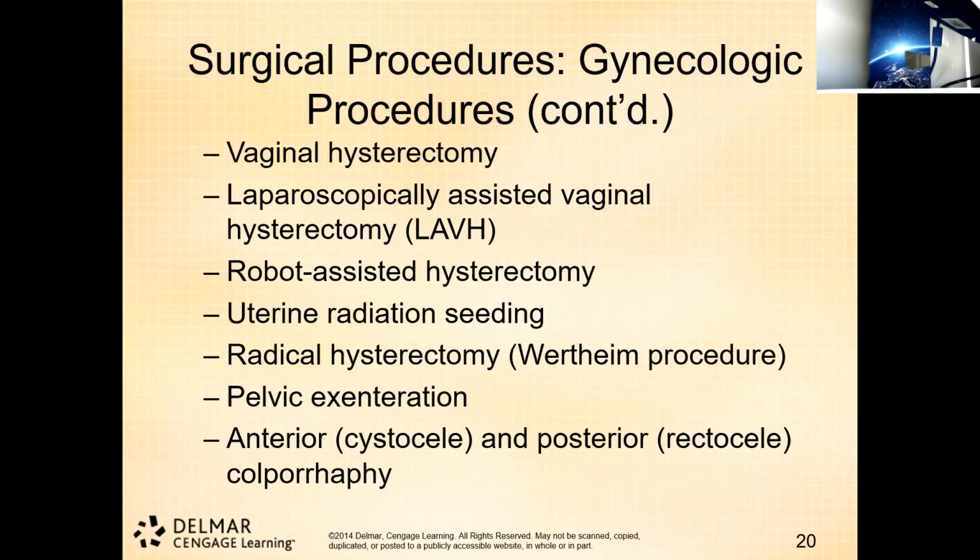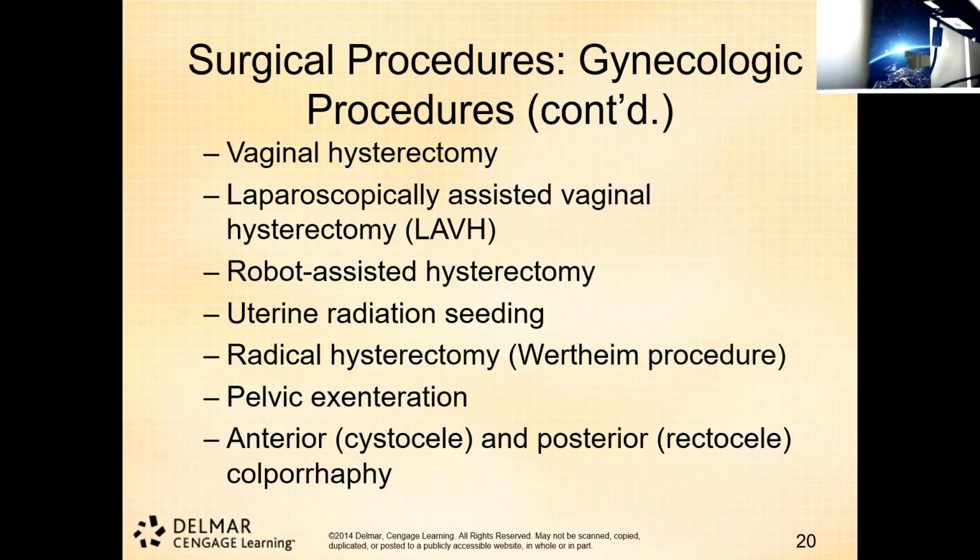So if they go in and the tumor has been removed, they can use uterine radiation seeding to get rid of the rest. Let's just say it's hard for them to get that tumor out, then they will use that to see if they can eradicate it.